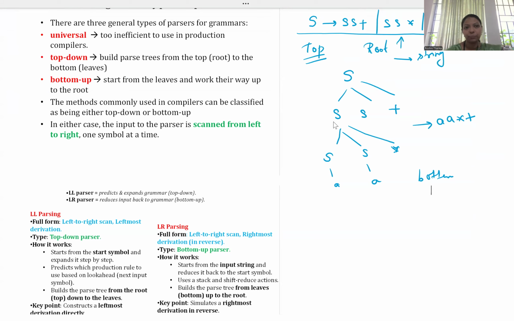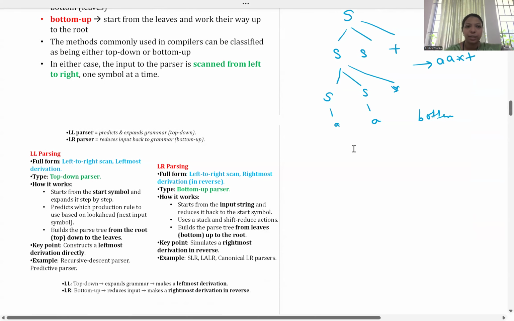When we convert this into a tree structure, it is easy for us to identify the errors. The parse tree and syntax tree are the same. And when we pass this parse tree to the next phase, it is easy for the process. That's the reason why we convert into a parse tree.